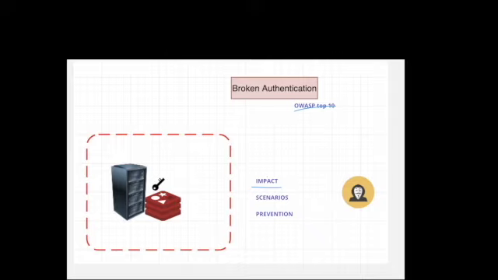Let us look at some of the scenarios where instances of broken authentication can be encountered. Let us take a scenario where the application doesn't encrypt or weakly encrypts passwords, or the application permits the use of weak passwords such as password123 or 123456, right?